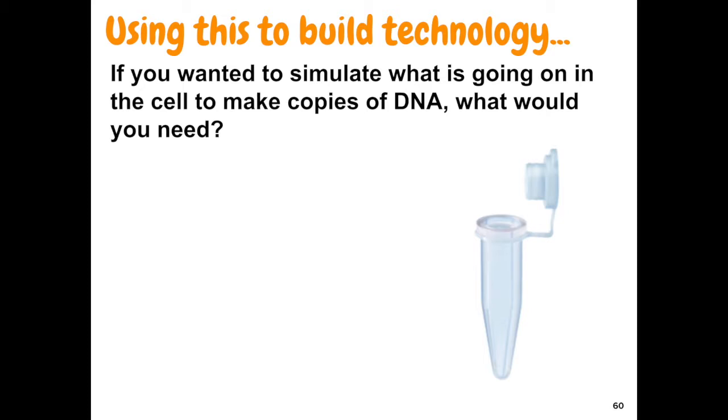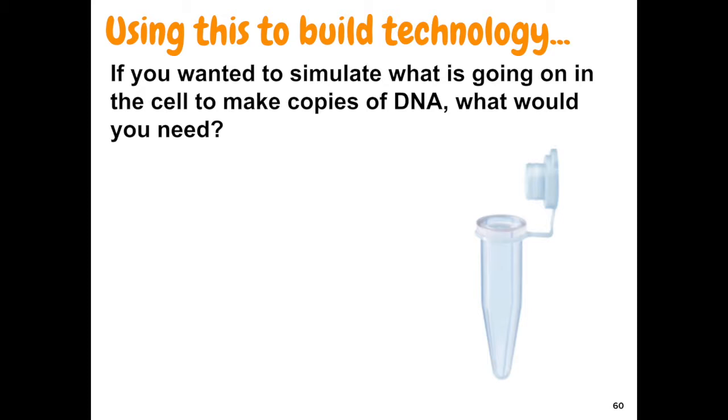And I'll give you one starting material. I'll give you a test tube. You have a micro test tube. What are you going to need to put into that test tube in order to make copies of DNA? Think of the enzymes that the cell needs. Think of the environment that the cell is in.